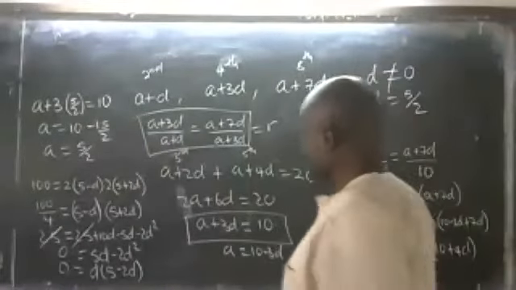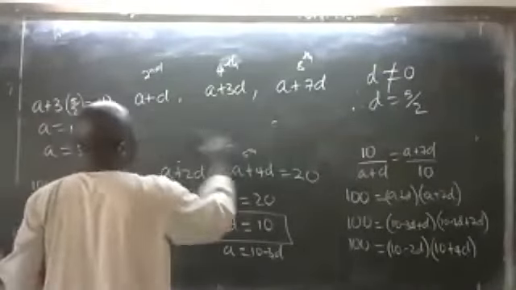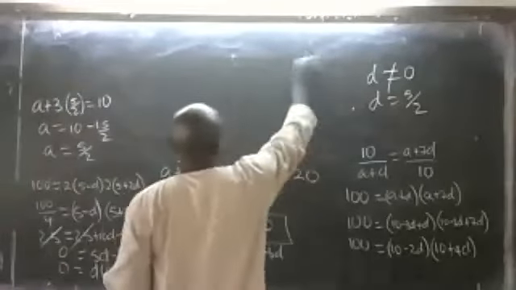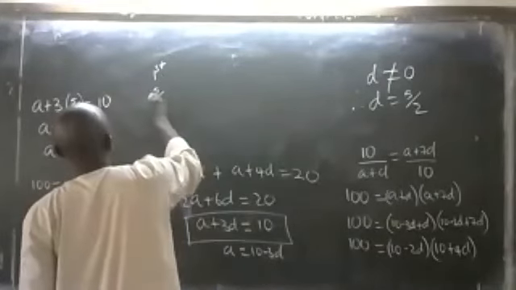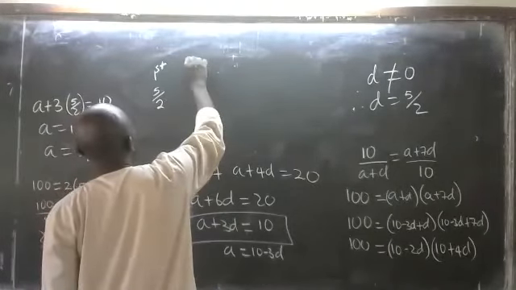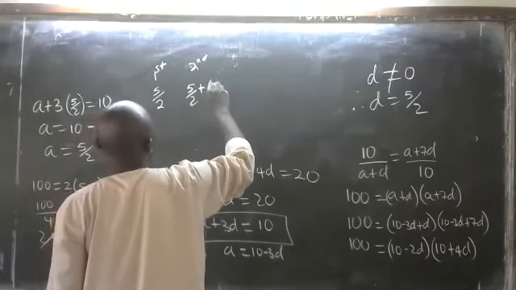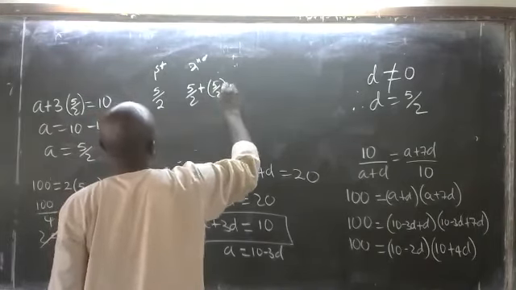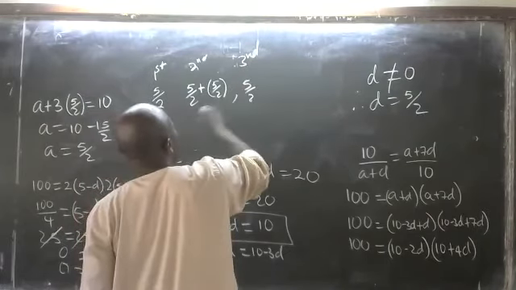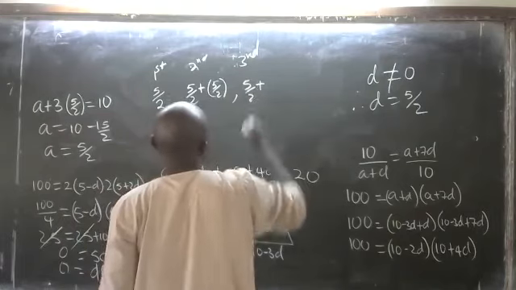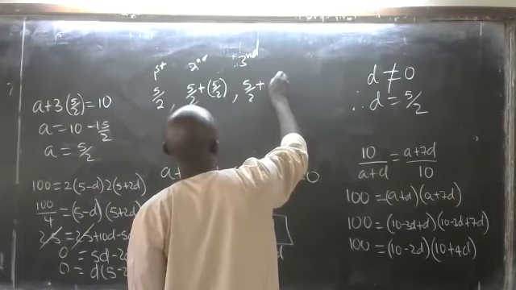Then from there, we can now write down the first 4 terms. The first term is a, our 5 over 2. The second is 5 over 2 plus 5 over 2. Then our third is 5 over 2 plus 2 times 5 over 2, which is now 5.